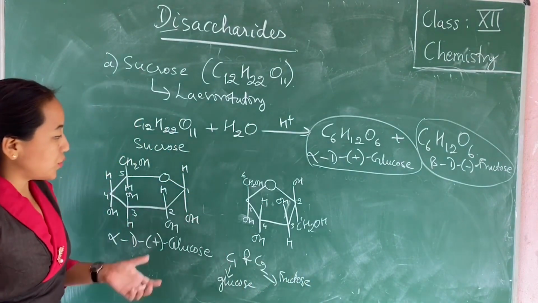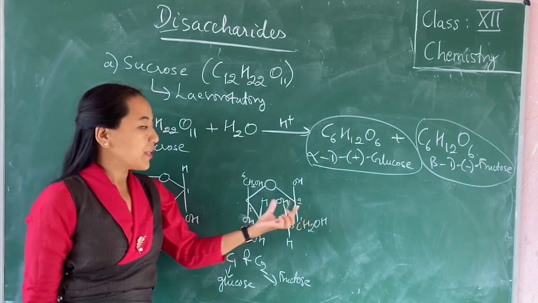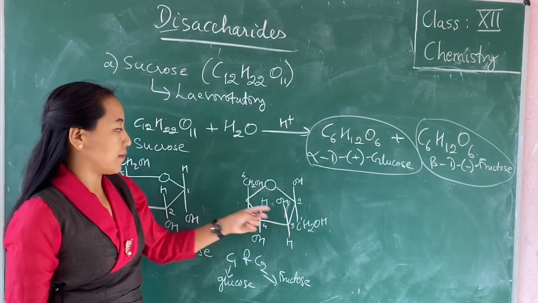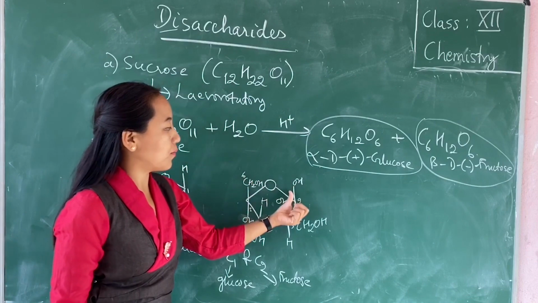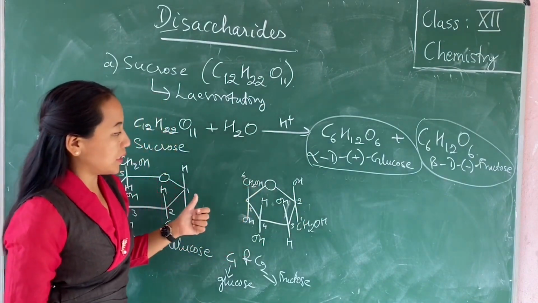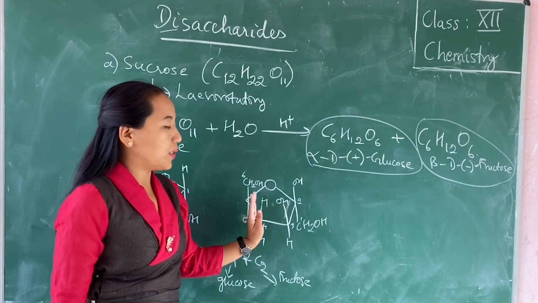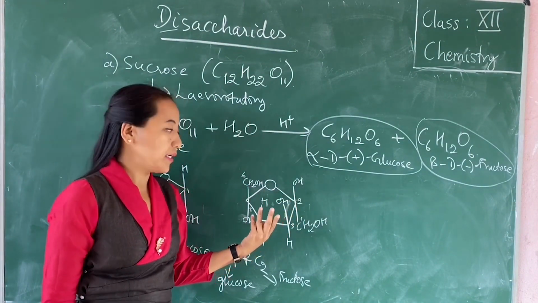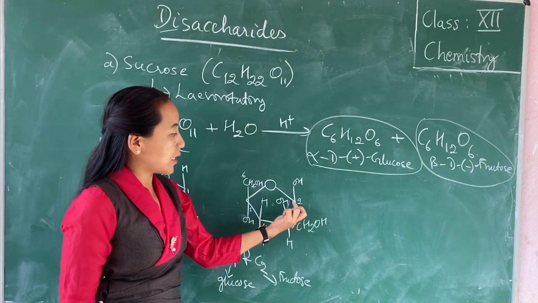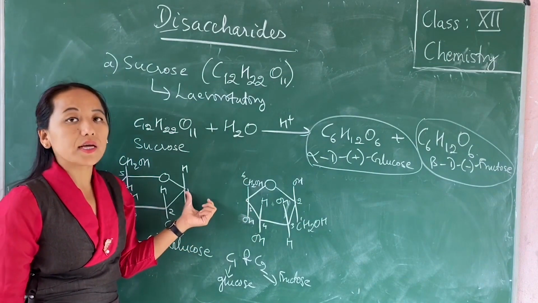In order to form the linkage between C1 and C2, if the arrangement is like this, then it is not possible to form a bond between C1 and C2. Therefore, this structure will rotate by 180 degrees so that this second carbon atom will come here and it can form a bond with this first carbon atom.